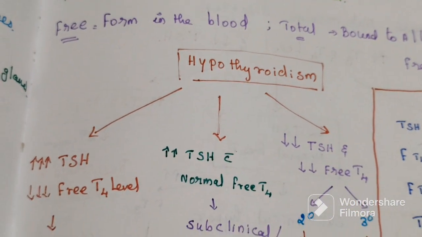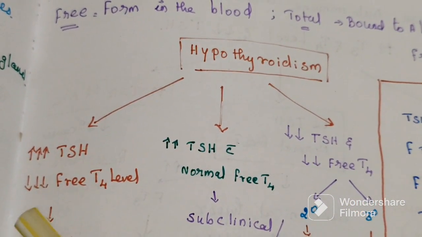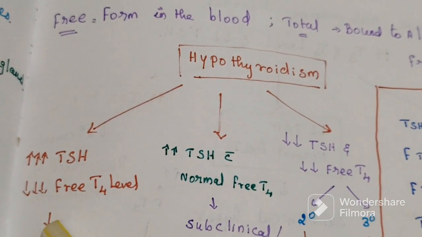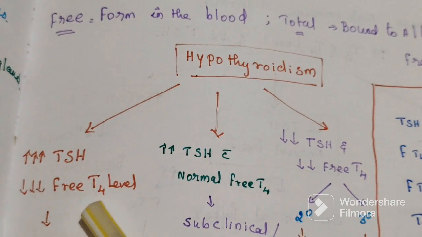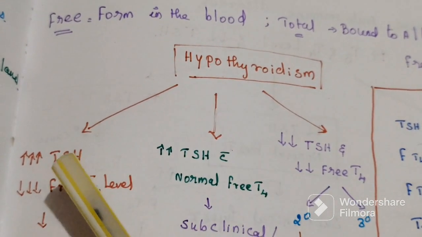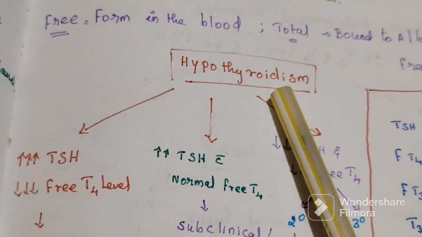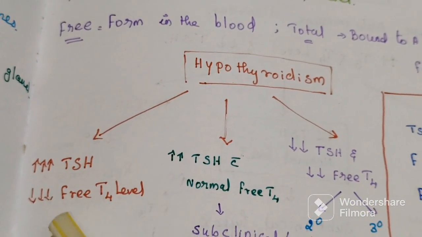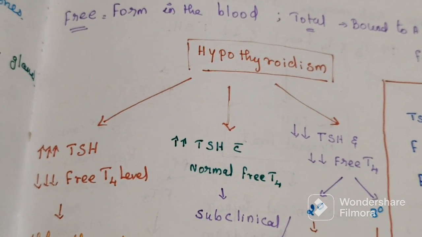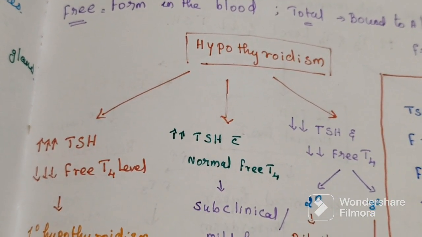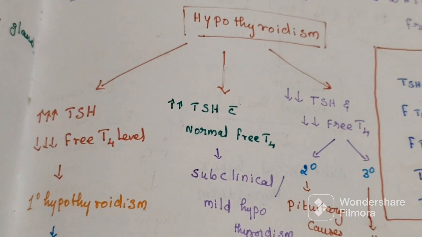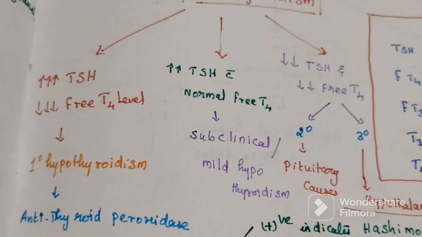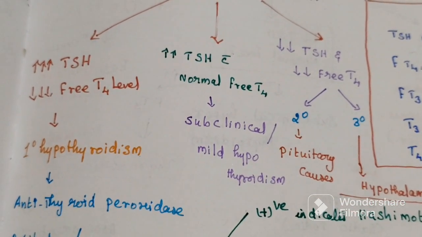In hypothyroidism, the first condition is increased TSH level and decreased free T4 level. This may be primary hypothyroidism. It is important: primary hypothyroidism.